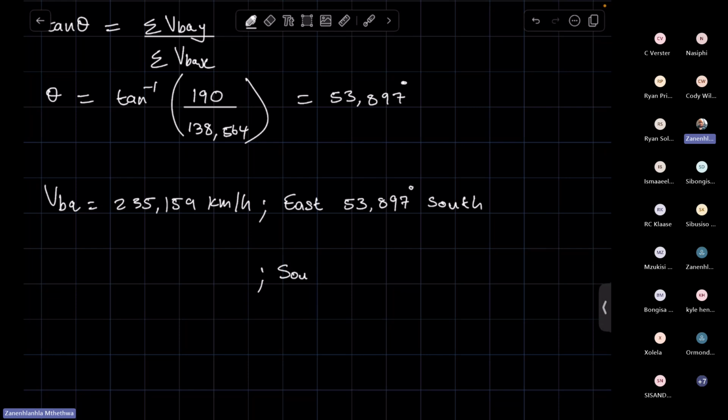You would instead have south first, 36.103 degrees east. When your angle is referenced from the x-axis, this is how you write your direction: the direction of reference, the angle, and where it's going. Are we clear here?